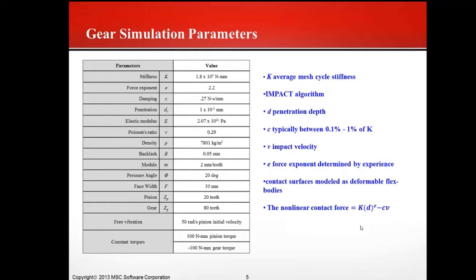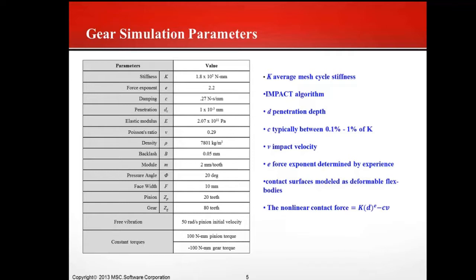In the next several slides, I'm going to show some of our results to you. Another is to compare our model, using a simple pair of gears, with published papers. In this way, we carefully adjust all of those parameters.